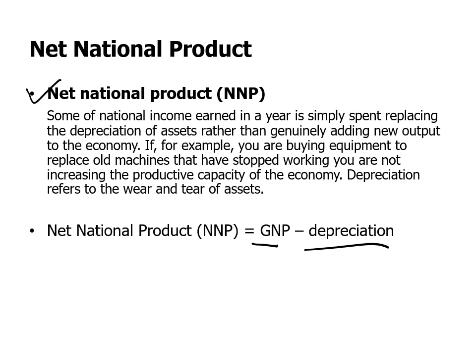For example, if you're buying equipment to replace old machines that have stopped working, you're not increasing the productive capacity of the economy. All you're doing is replacing the depreciation, the wear and tear that has happened to those machines. So depreciation refers to the wear and tear of assets. So net national product is simply GNP minus depreciation.